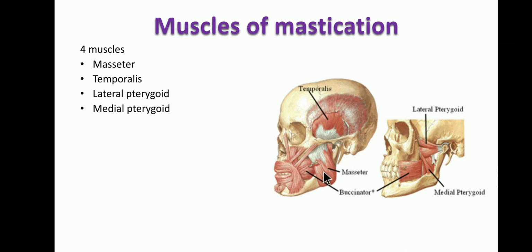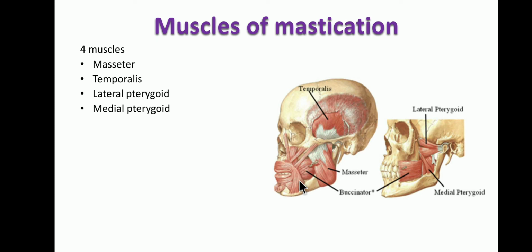They bring about the lower jaw movements by acting on the temporomandibular joint. The movement takes place at the temporomandibular joint, that is the joint between the skull and the mandible. And you all are very much aware that the mandible is the only movable bone in the skull. So these four muscles mainly act on the temporomandibular joint and bring about various movements of your lower jaw.